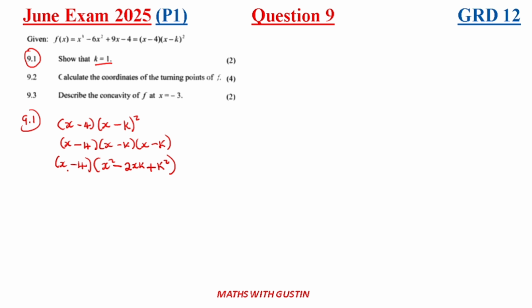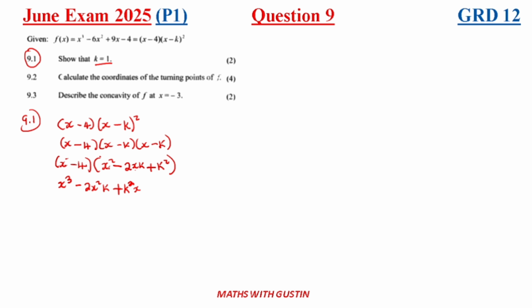Therefore now we go ahead and remove the bracket. X times x squared is going to give us x cubed. X times this negative 2xk, negative 2x squared k, then x times k squared is going to give us positive k squared x.